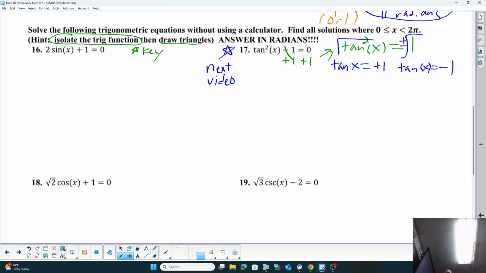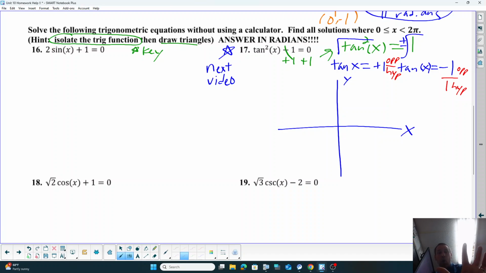Now that we solved it, we can go ahead and graph it. We're going to be doing all the coordinates, y and x, because we have plus or minus. So what is tangent again? Tangent is opposite over adjacent. Sorry, I said hypotenuse, that's supposed to be adjacent.